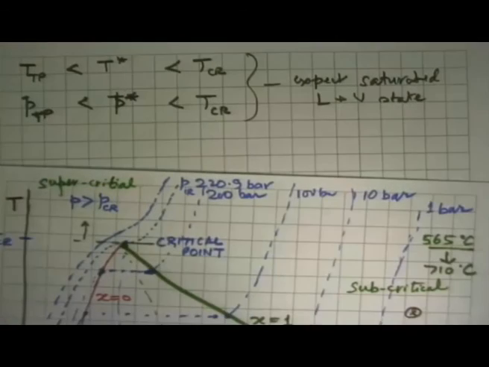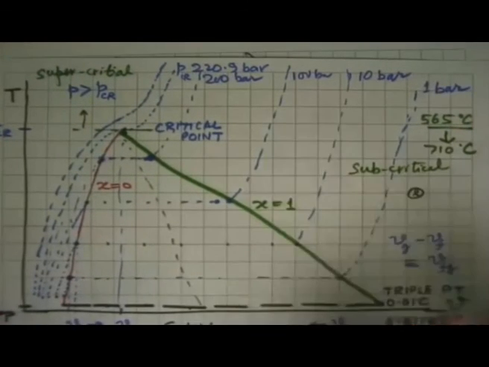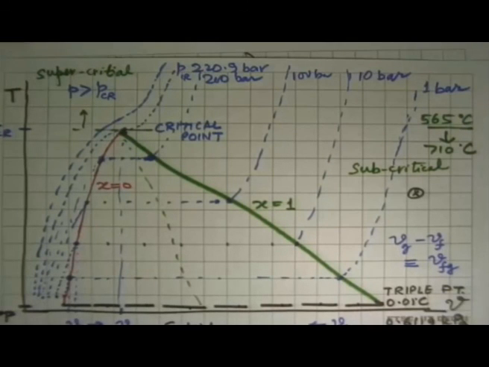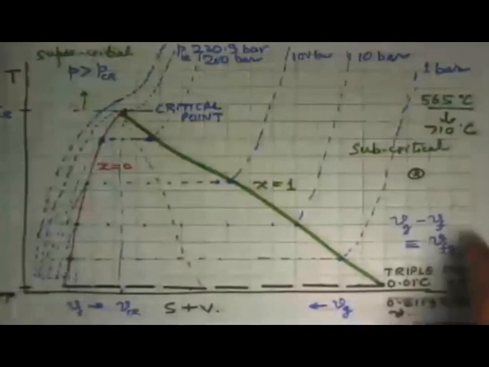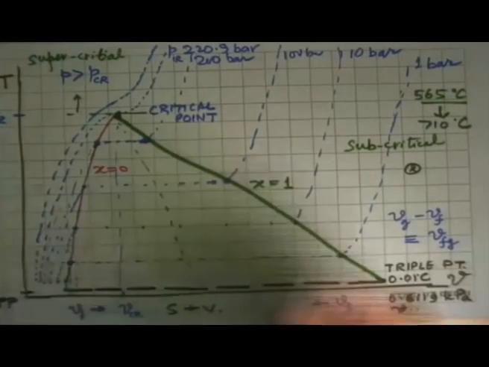At temperatures below the triple point, we get saturated solid plus vapor phases. The other points are where you get solid plus liquid phases. Okay, so that becomes the big picture of what is called the T-v diagram.